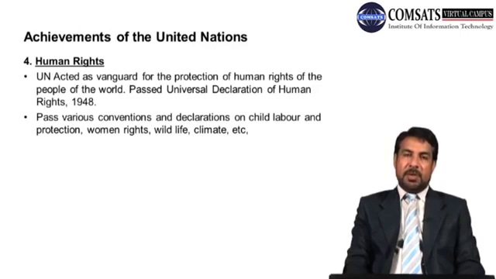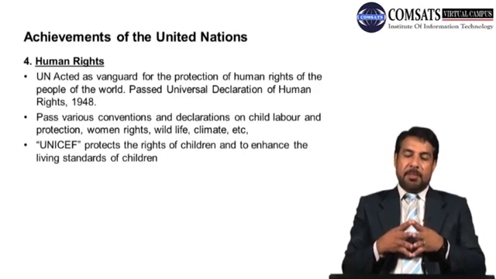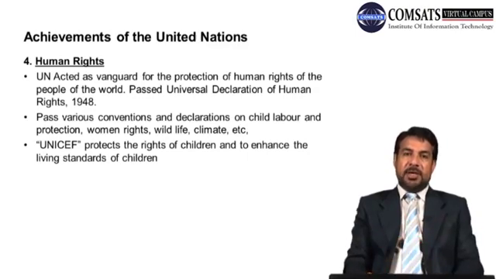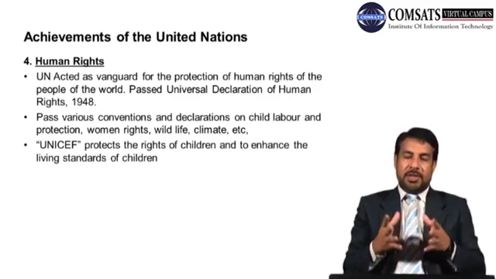इसके साथ it also passed various conventions and declarations on child labor and protection of children, women's rights, wildlife and climate. तो ना सिर्फ ह्यूमन राइट्स में बल्कि इसके अलावा जो हमारे पास स्पेसिफिक राइट्स हैं, जिस तरह चाइल्ड लेबर है, इसी तरह चाइल्ड राइट है, प्रोटेक्टिंग चाइल्ड अब्यूज़ है, फिर विमेन राइट्स हैं, फिर प्रोटेक्शन ऑफ वाइल्ड लाइफ है, प्रोटेक्शन ऑफ क्लाइमेट है. So the UN has given resolutions and declarations on all these rights.